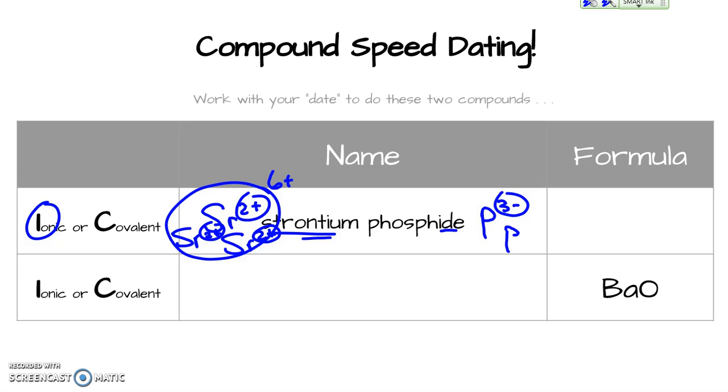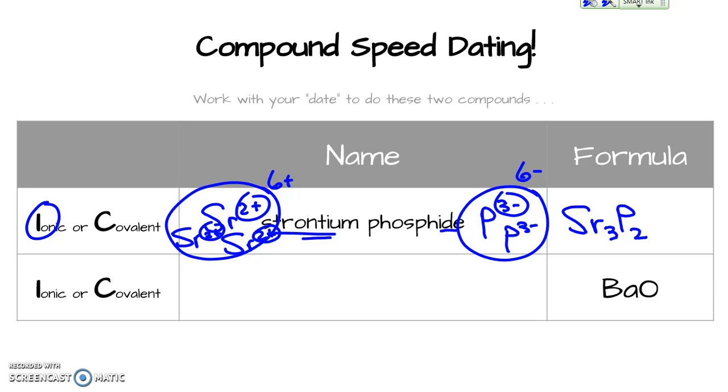And if I take 2 of the phosphides together, they would have a charge of -6. So I need to write this formula with 3 strontiums and 2 phosphoruses. And when we have 3 strontium and 2 phosphoruses, there is no charge here, so we don't have anything listed there. We got a charge of 0.